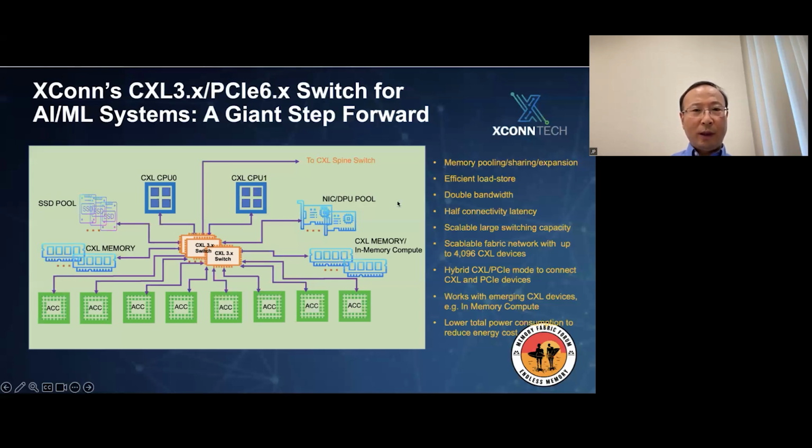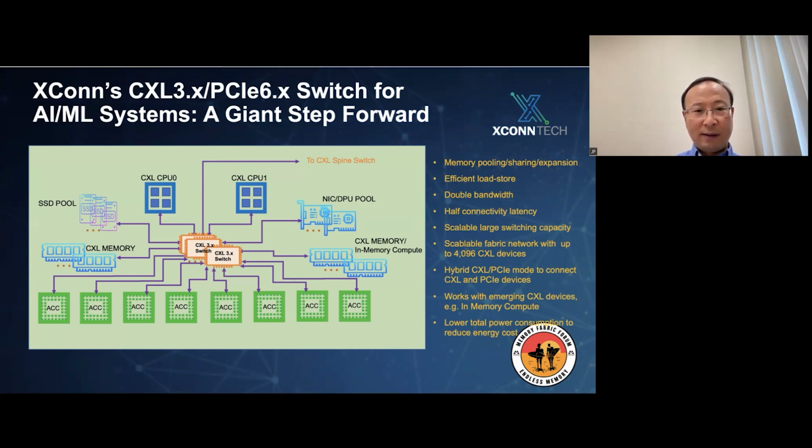All right, just want to be a little bit forward-looking. Today we are working on the CXL 2.0 switch, but XConn is already working on a future product, which is a CXL 3.1, also PCIe 6.1 switch. We believe this kind of switch and interconnect solution will fit into future AI computing systems really well.